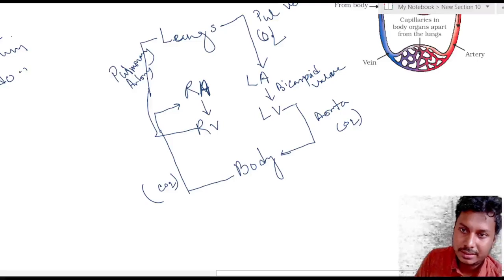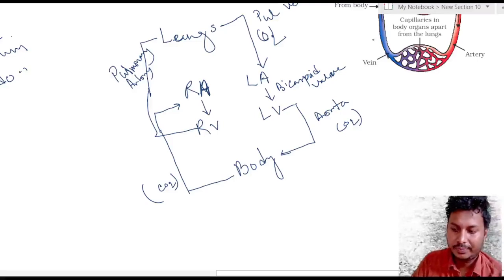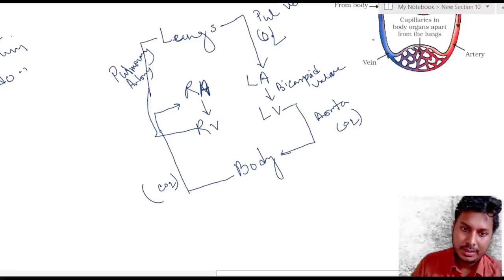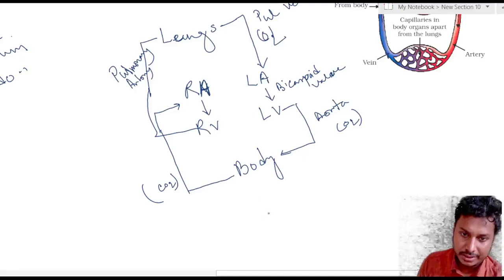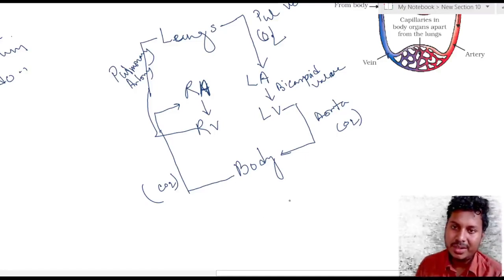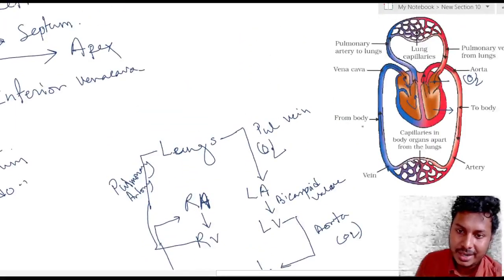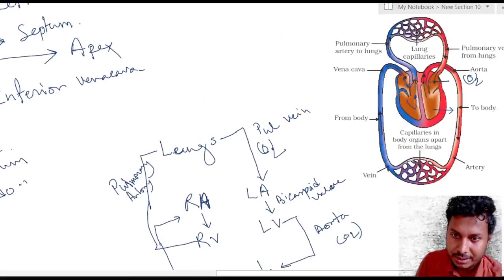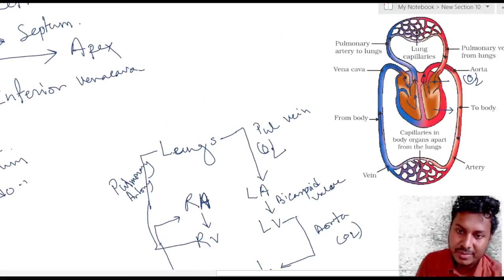Platelets get blocked here and blood does not ship out from here. After that, we have blood pressure monitoring. What is blood pressure? Blood pressure is the pressure that blood gives on the outer wall, and we measure it.